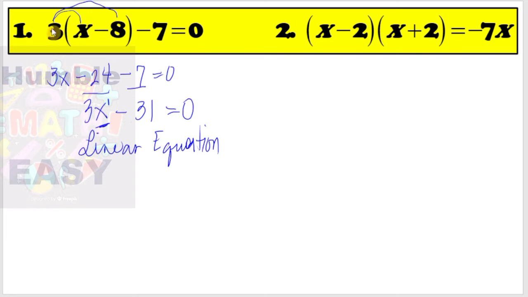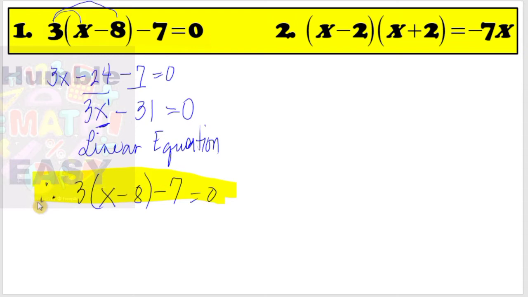Okay, so since the given is 3x minus 8 minus 7 equals 0, and since this one is linear, I will mark it yellow.